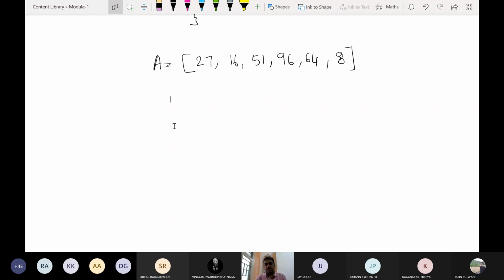Those things we will learn in the theory class. But in divide and conquer, the intersection of the subproblems should be a null set. You cannot have any valid value in the intersection.